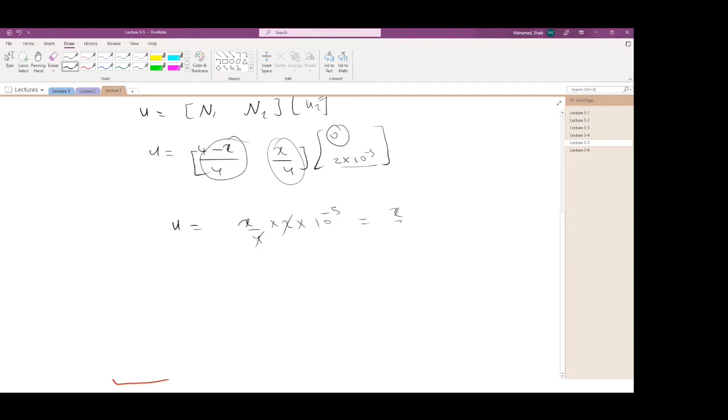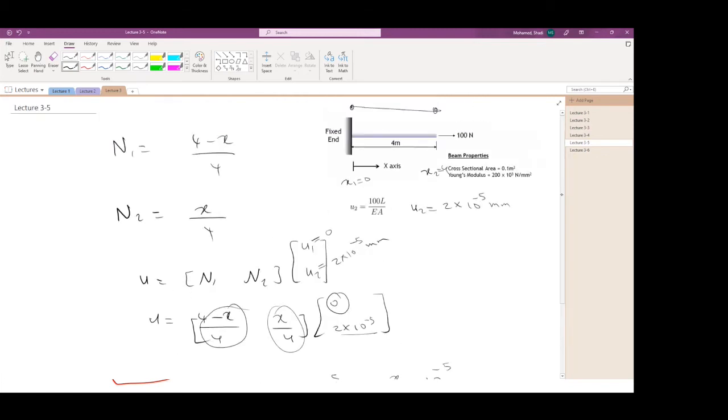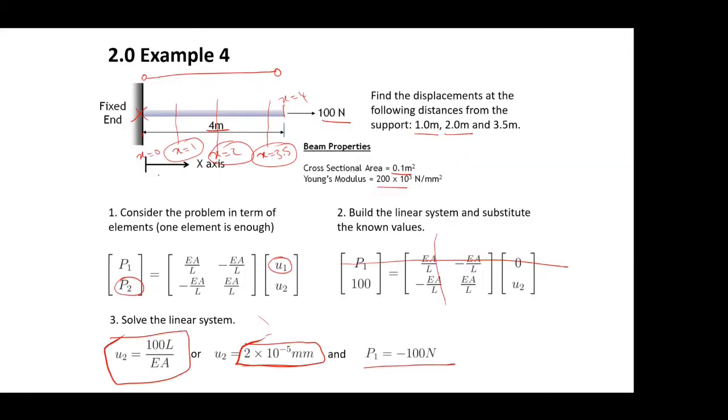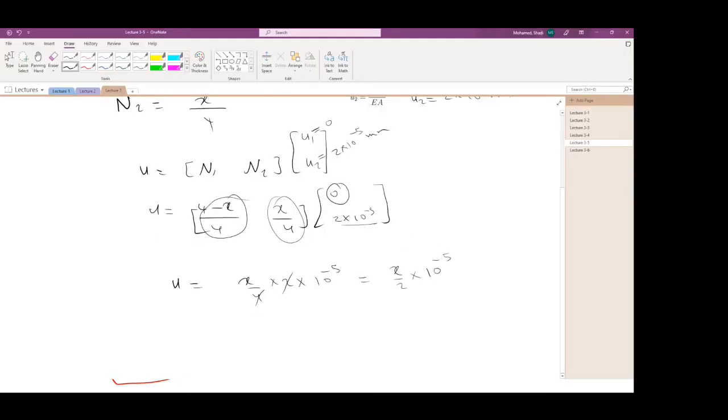It will leave me with x over 2 multiplied by 10 to the power minus 5. And this will give me the displacement anywhere inside my element. I'm interested in finding the displacement at x equal to 1, at x equal to 2, and at x equal to 3.5.